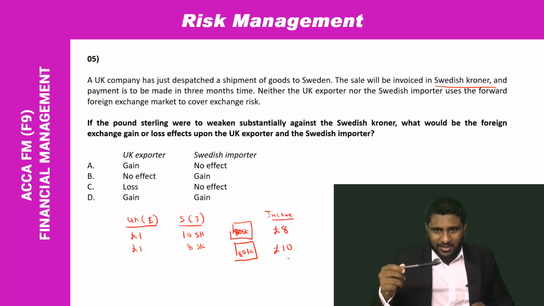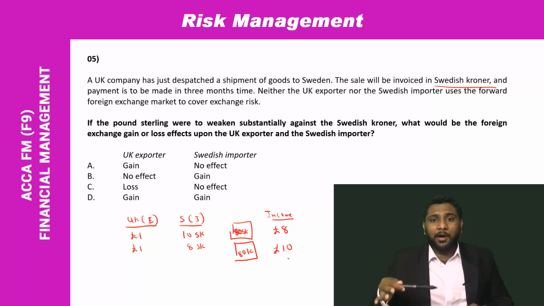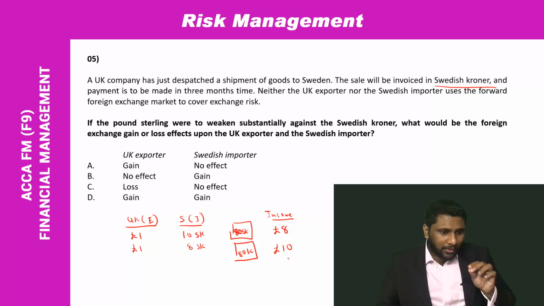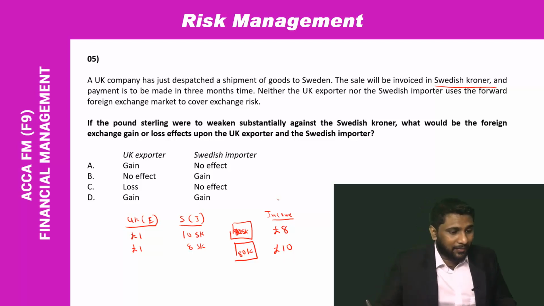Those days I would get 8 pounds income. After my currency weakens, if I sell this product still for 80 kronas, I get 10 pound income. So what you have to understand, as the exporter, if your currency weakens, he will make a gain.